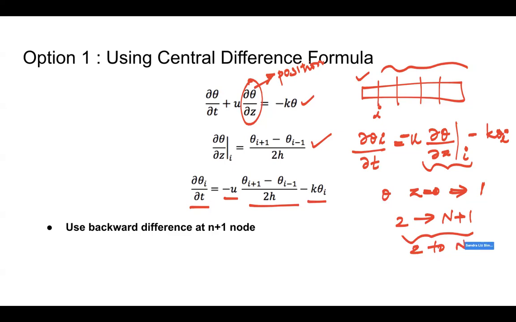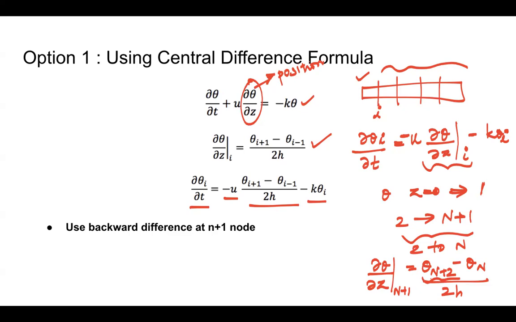If you are writing the central difference formula for d theta by dz at n plus 1, when I is equal to n plus 1, what will happen? You will have to write theta n plus 2 minus theta n, divided by 2h. But do we have this value n plus 2? We don't have this n plus 2 quantity. This is not there in our road. Our road is only till n plus 1.